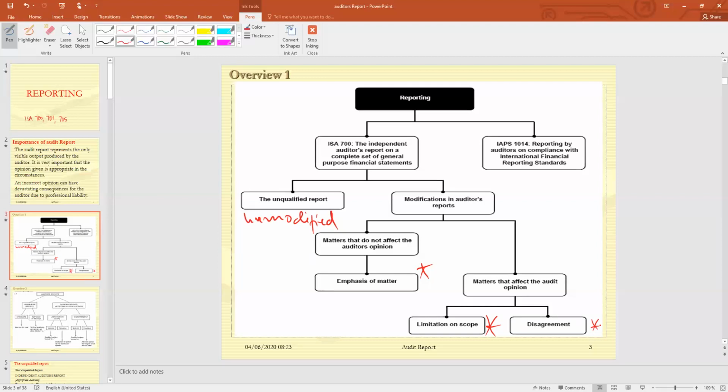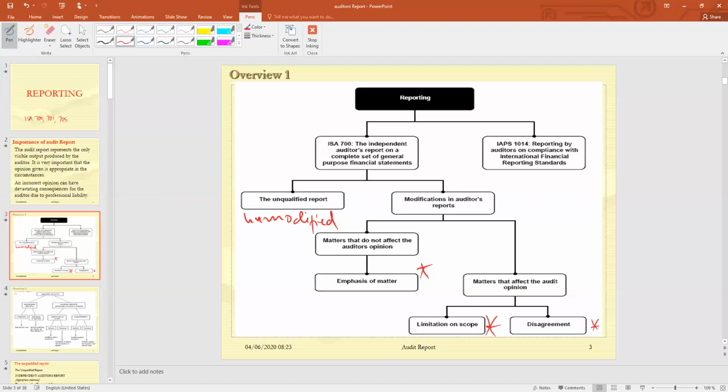For example, if the client appointed you in November and the year end is in December, it means you may not have enough time to carry out the work thoroughly. That implies you may not be able to issue an opinion. You would be disclaiming your opinion: I was not able to audit well.